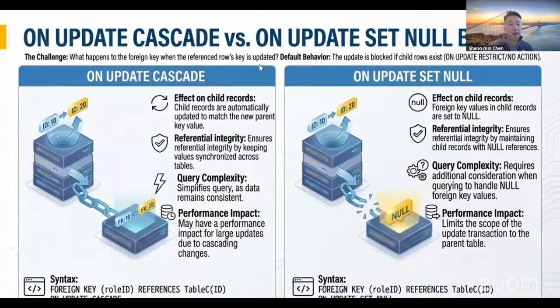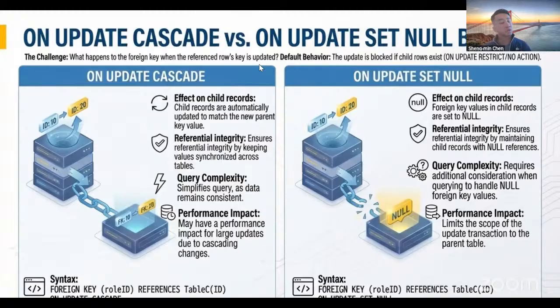Again, I don't know if that is the best practice when you're the one making that call as the owner of the database, but it is an available option, on update cascade.